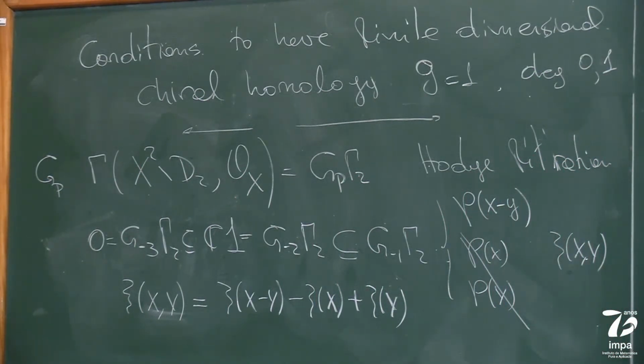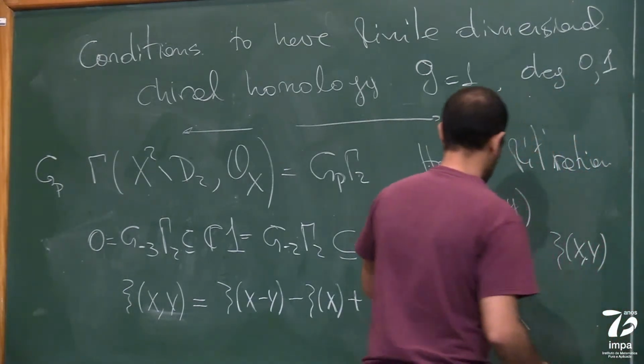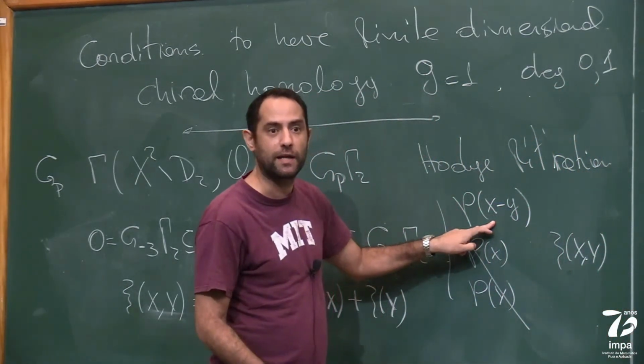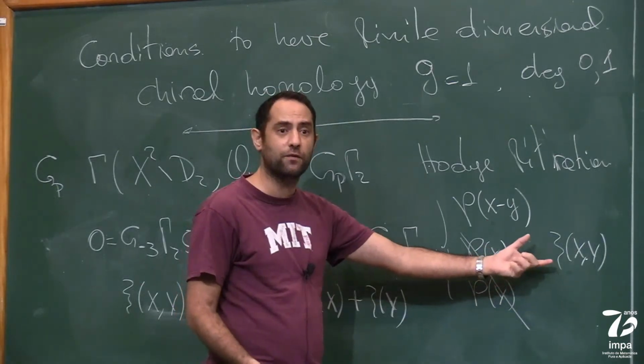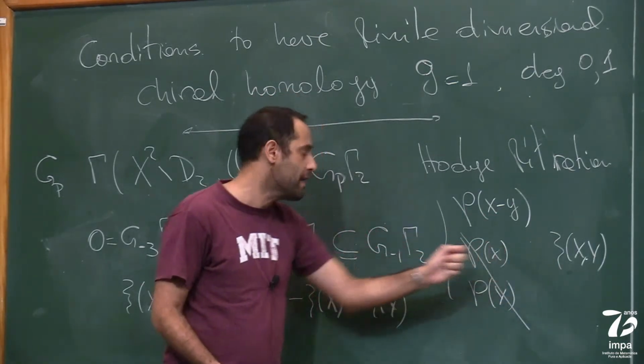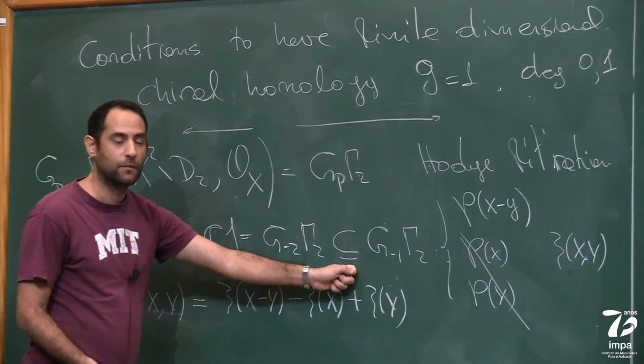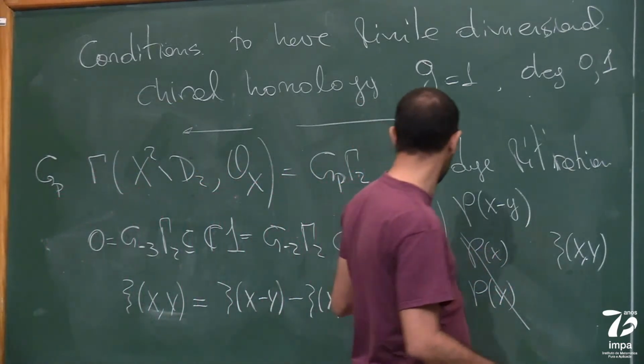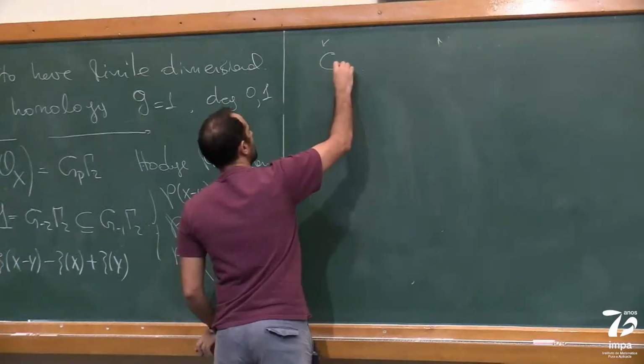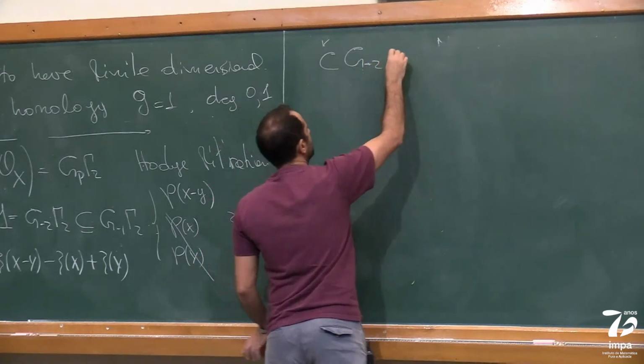Just as for the case of the Hodge filtration of the elliptic curve, we had the p function in G minus 1, and the derivative of the p function in G minus 1, etc. So the derivative with respect to x and the derivative with respect to y preserves this filtration. The thing that I'm not going to allow in G minus 1 is this function.